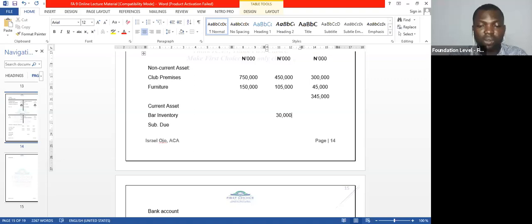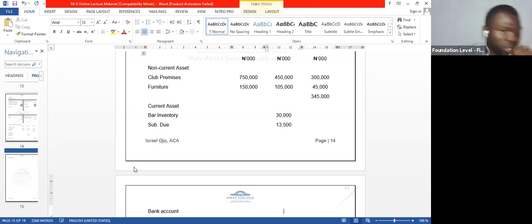After inventory, we have subscription, which was 13,500. Then our bank balance is 24,000. Adding these together on the calculator, 30,500 plus 24,000 gives us 67,500.